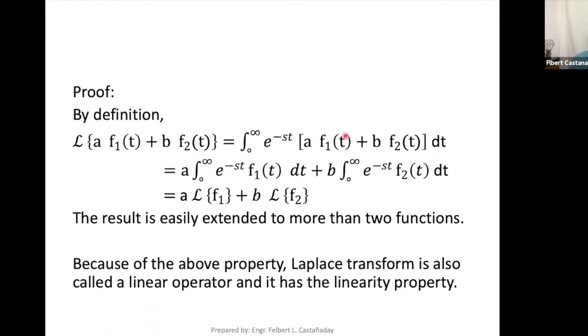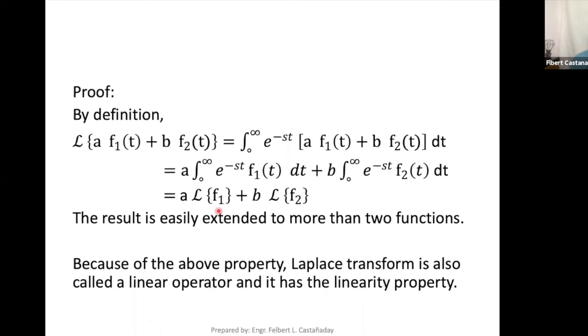So here, using the definition, we have a times the integral of the kernel times the first term, f sub 1 of t, plus b times the integral of the kernel e raised to negative st times the function in the second term, times dt.